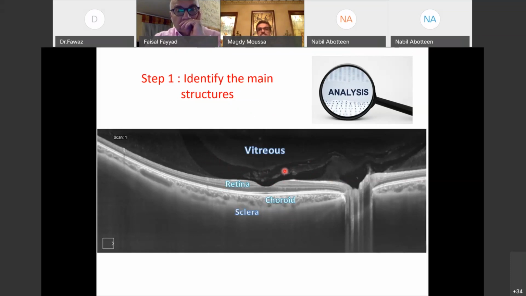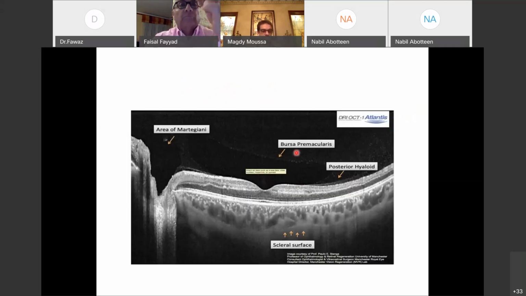They are normal anatomical spaces, and if we look at the vitreous, it is actually attached, not detached. Now many investigators try to study these spaces in order to predict the time of the PVD. So if we see these spaces on the OCT, they are normal anatomical spaces.